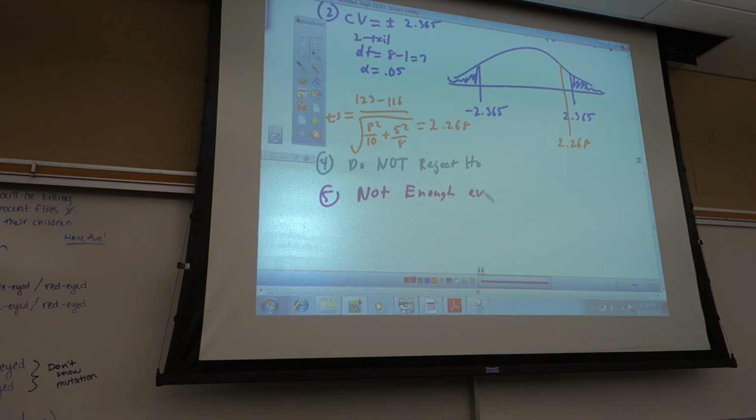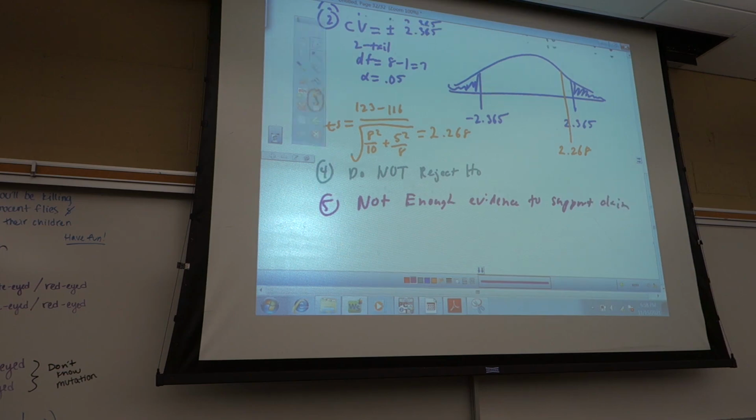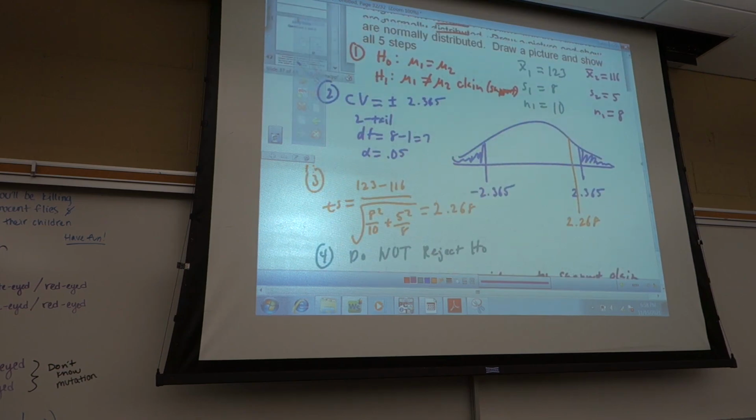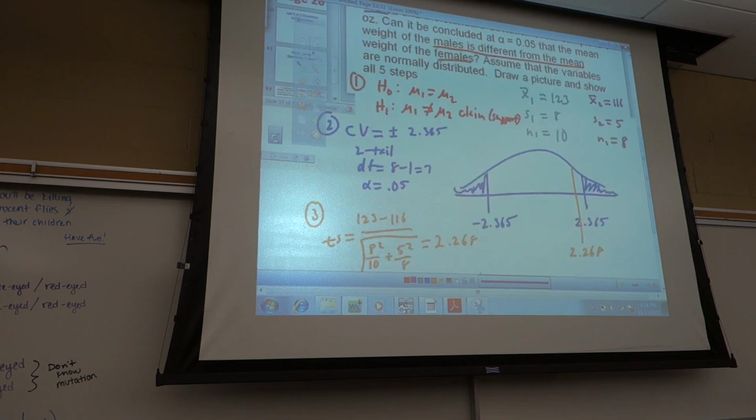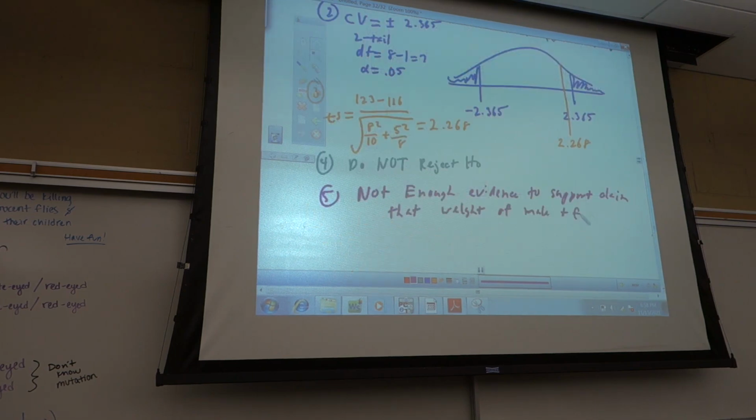Not enough evidence to support the claim that the weight, right? I was going to put weight of male and female babies. I should say newborns, but that's close enough.